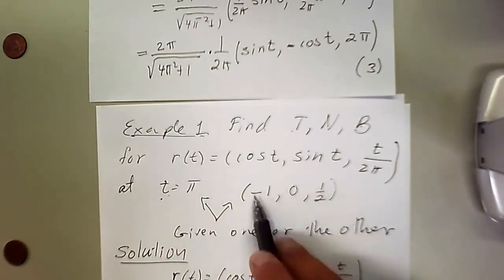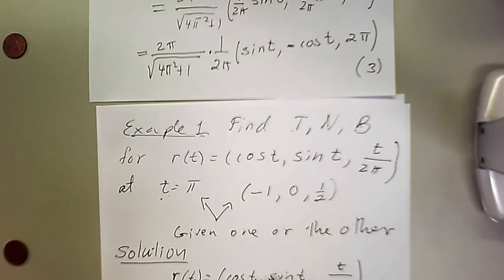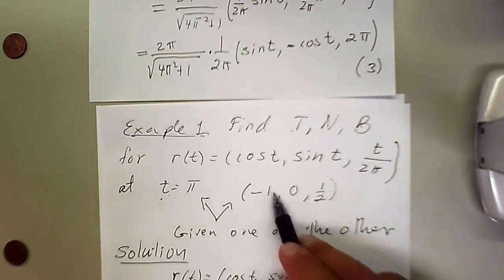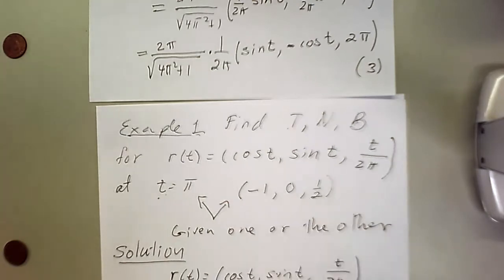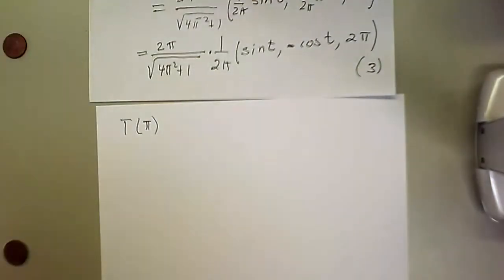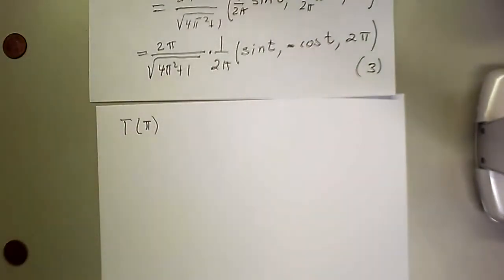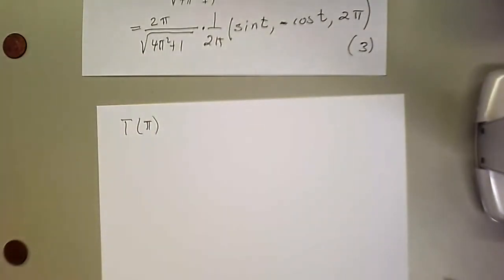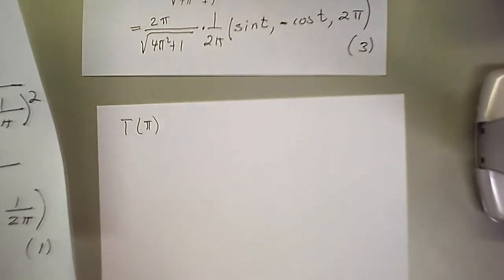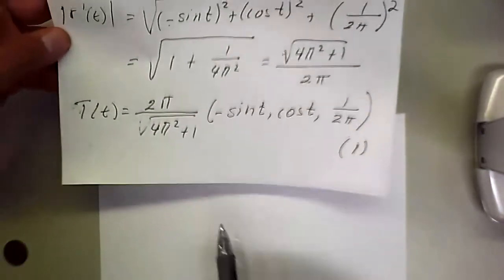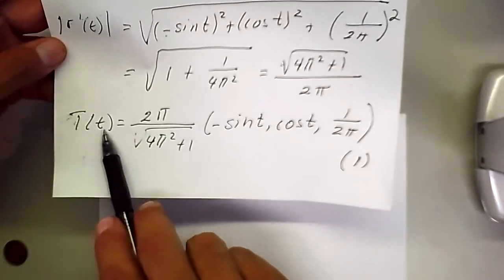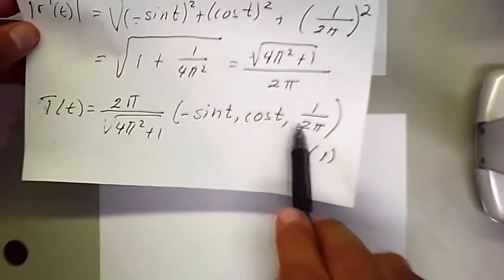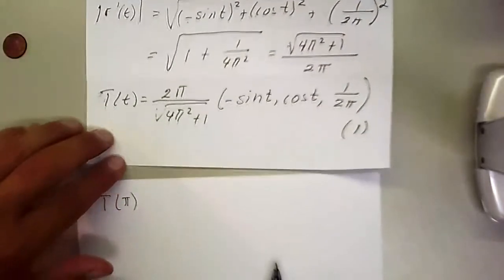And by the way, those numbers came from plugging in pi into cosine, sine, and t over 2 pi. That's where this point came from. All right, so T of pi. So earlier here, we found T of t. So we're going to plug in pi there.